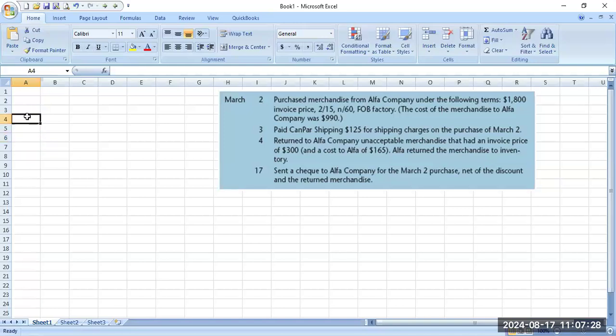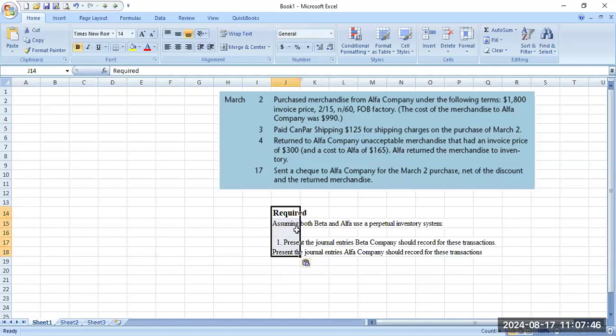First, what we have to do. Let's go from the point of view of, let me check the requirements. The requirement: both companies use the perpetual inventory system. And what we have to do is prepare the journal entry for both Beta and Alpha. First, present the journal entry for Beta company, and then prepare the journal entry for Alpha company. Let's go parallel.